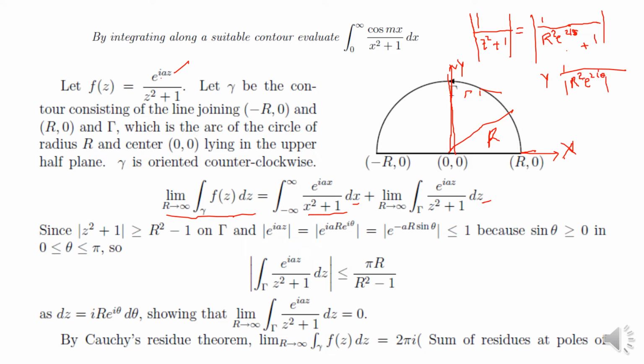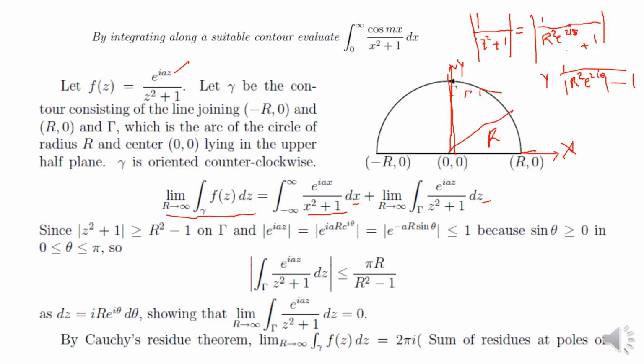Now see, in the denominator on this term, e to the power 2i theta, and minus 1, because this is less than or equal to minus 1. So this term is less than or equal to, and the mod of e to the power 2i theta will be 1. So we can write this as 1 upon R squared minus 1.